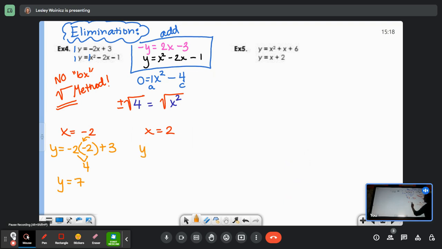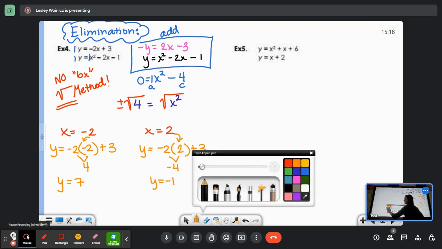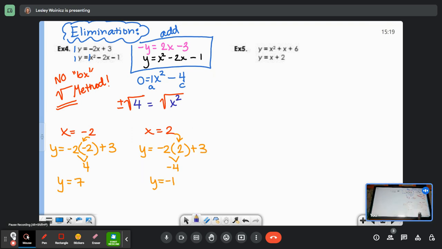Okay. Y equals -2 times whatever x is plus 3. Plug in the 2. -2 times +2 gives me a -4. Plus 3 is -1. So my solutions are -2, 7, and 2, -1.